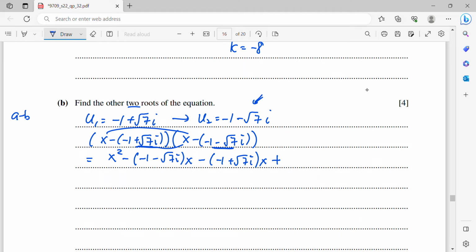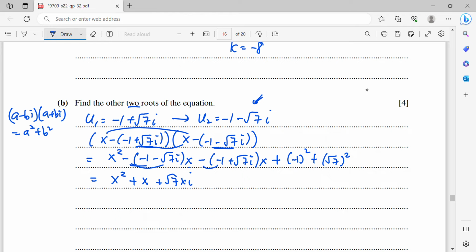Let's say a minus b times a plus b. It will be a squared plus b squared, which means I will just write minus 1 squared plus square root 7 squared. So from here, it will be x squared to expansion plus x. Don't forget the x outside. Then here plus square root 7 xi. Here is also x, so plus x.